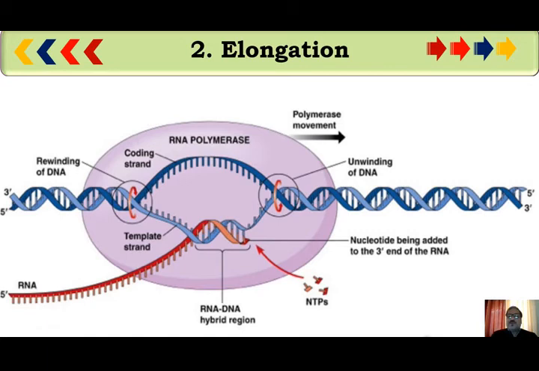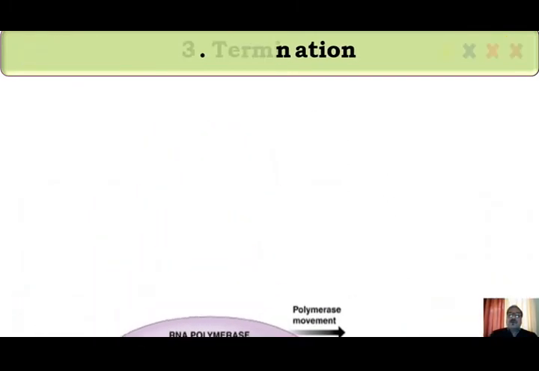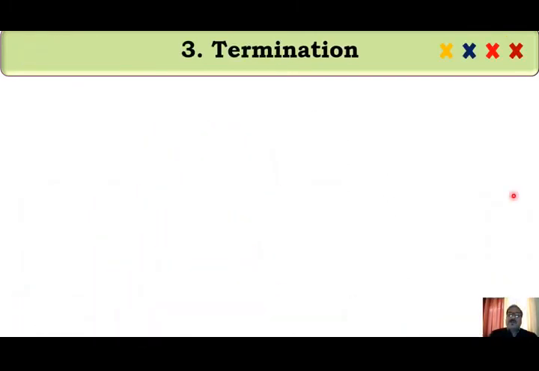So this process of elongation continues till the RNA polymerase enzyme comes in the vicinity of the terminating region. Once it comes into the terminating region, then the third step, that is termination, begins.